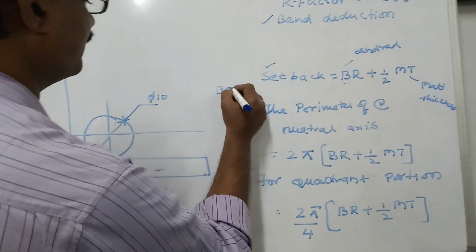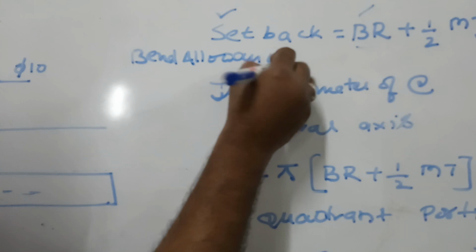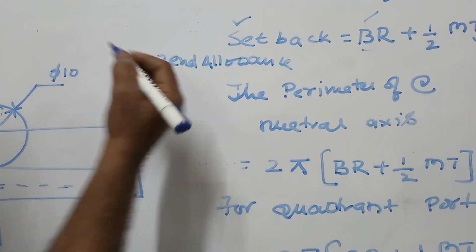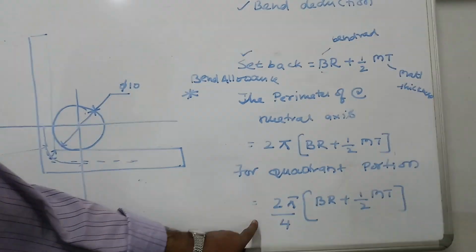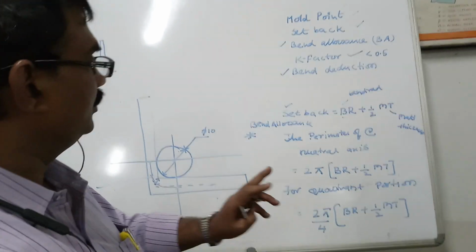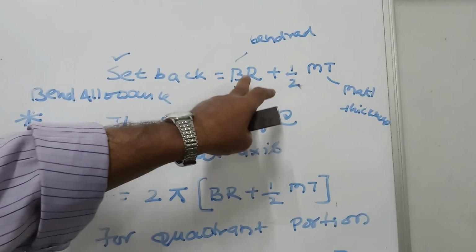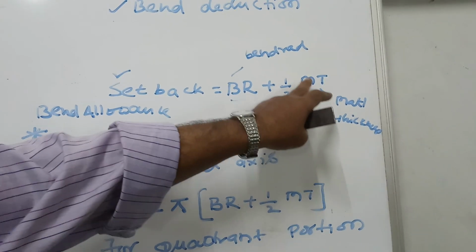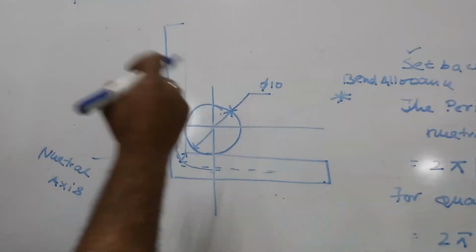Bend allowance, BA. This is very important. There are other formulae linked up. So now to have this bend allowance, don't get confused. Setback is bend radius plus half of the material thickness about the neutral axis. I have shown you neutral axis here.